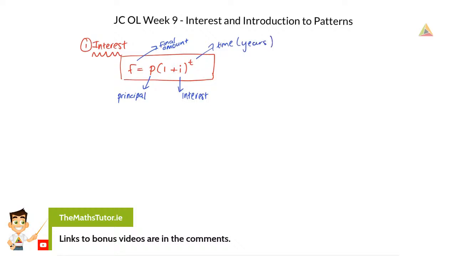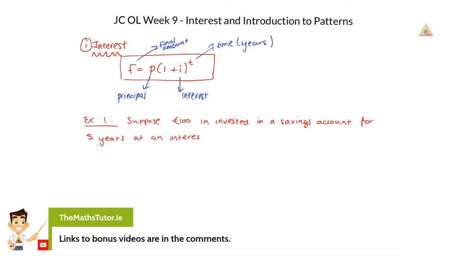So we're going to do an example now, and we're going to apply this formula to the example. Suppose €100 is invested in a savings account for 5 years at an interest rate which is known as AER.